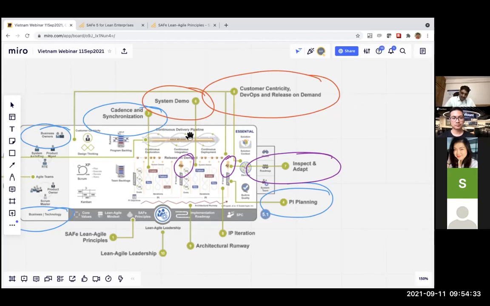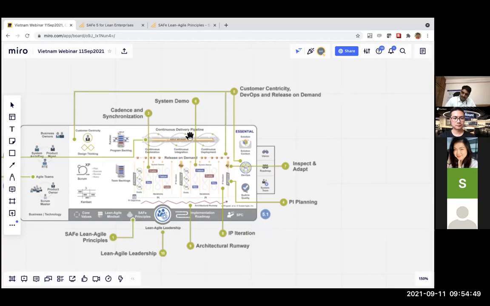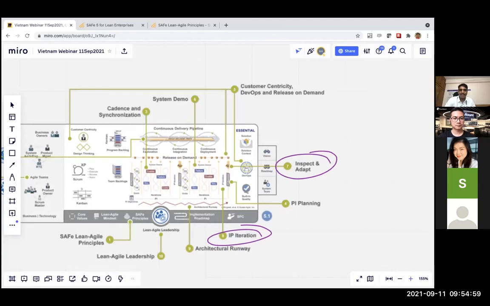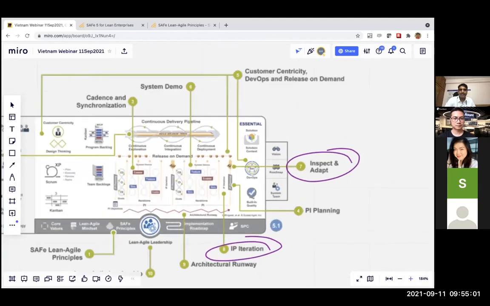Then the 8th factor is the IP iteration. IP is innovation and planning. If you look at this big picture, I'll make it a little bigger so that we can all see clearly.